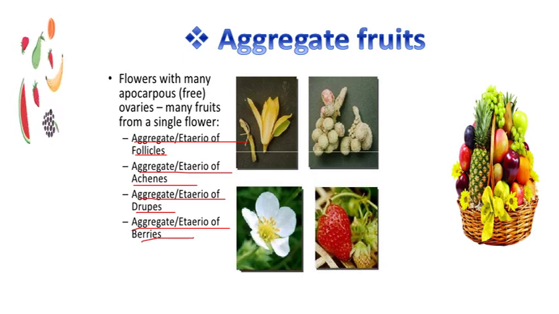So actually these are the groupings, or the collections of follicles, achenes, drupes, berries, on the basis of which we can say that it is the aggregate or etaerio of follicles, achenes, drupes, or berries.